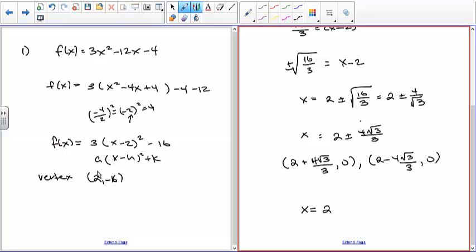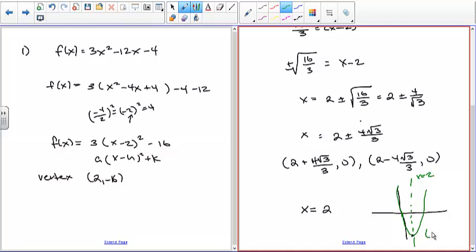And I didn't ask you to graph it, but if I did graph it, the vertex is going to be 2, -16, so be somewhere down here, and then you have it going up like this, and so this would be my axis of symmetry. This would be x equals 2.